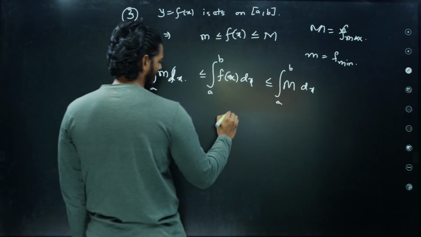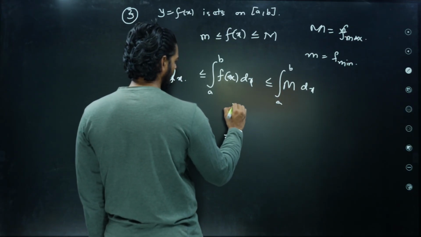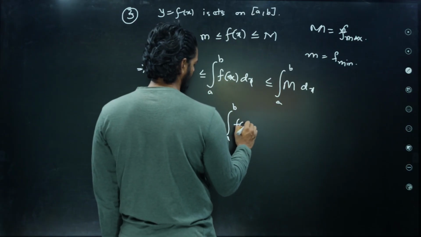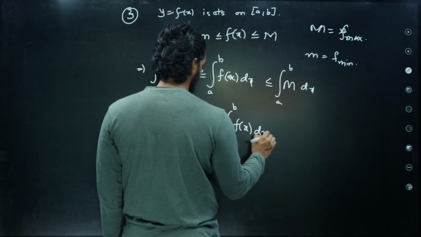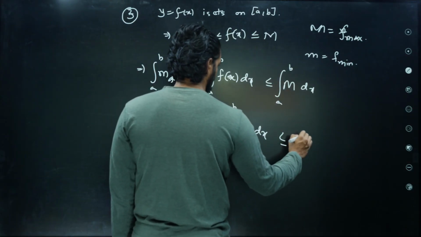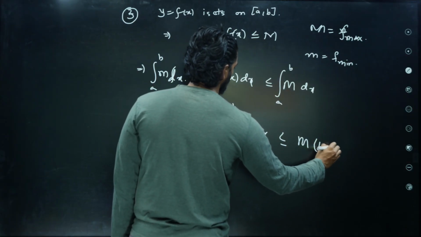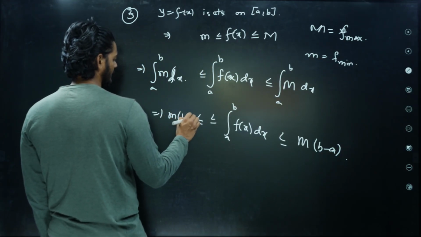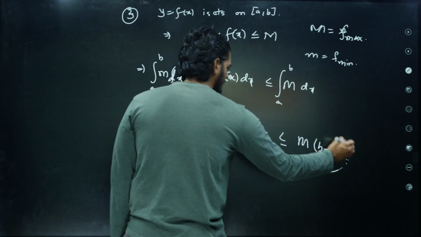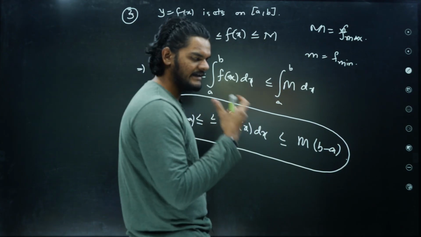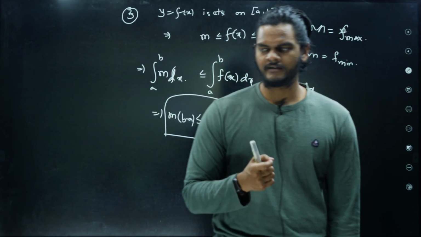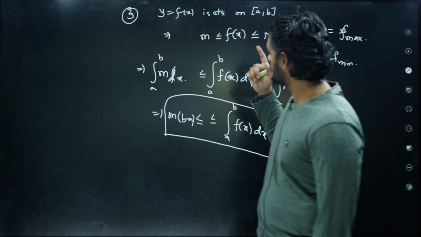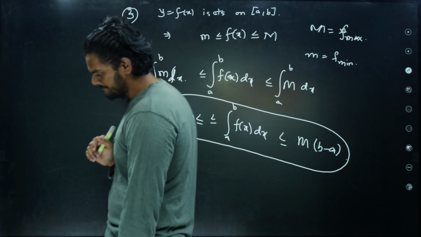So this will simply imply that the integral is bounded. That is the important thing: m into (b minus a) is less than or equal to the integral, which is less than or equal to M into (b minus a). So this is the bound for the integral. The integral is also bounded the moment you know the bounds of f.